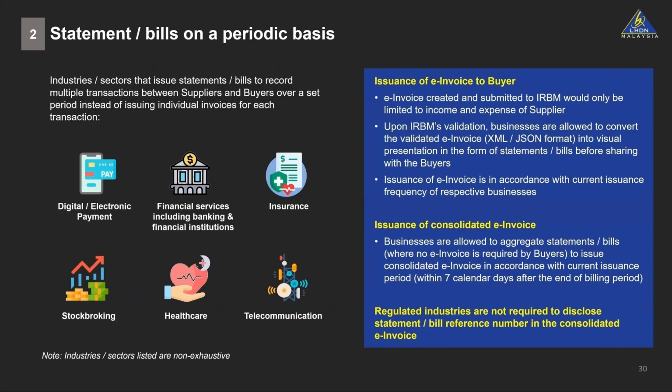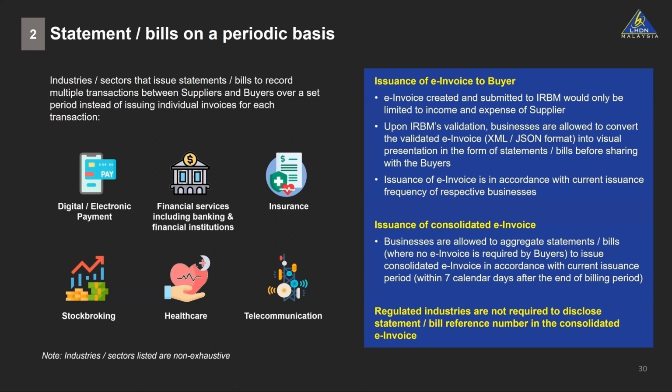Seterusnya berkaitan dengan statement based on periodic basis. So this slide addresses the generation of periodic invoice or statement. In various industries and businesses, the issuance of invoice or receipt to document the sale of goods and services is a common practice.